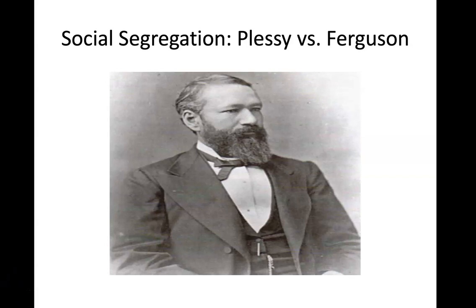Okay, now moving on from the social dimension to the economic, and here I don't have an actual slide, but this is something we went over already when we discussed Reconstruction, and that's sharecropping. As we noted, African Americans, once they became freed from slavery, most of them, the overwhelming majority, had no choice but to enter these unequal relations with landowners, right, who charged them exorbitant rates to use their land.